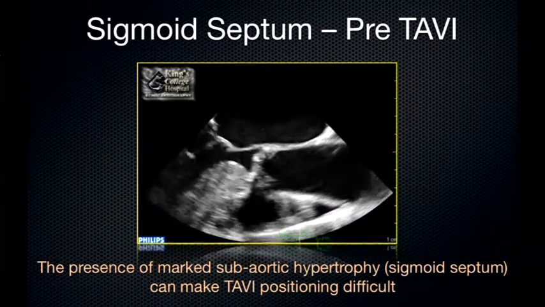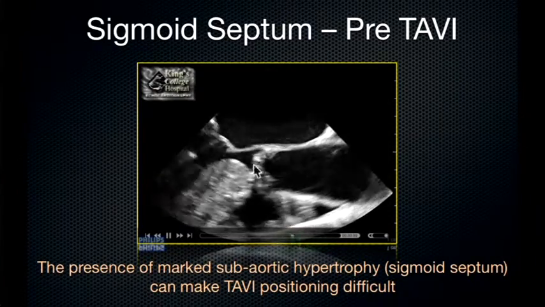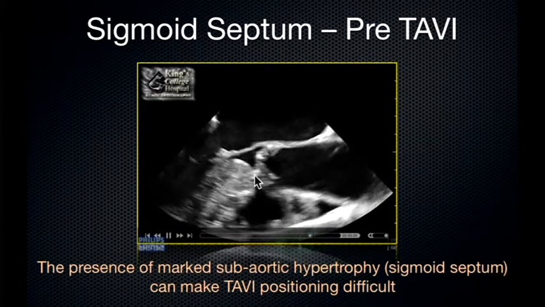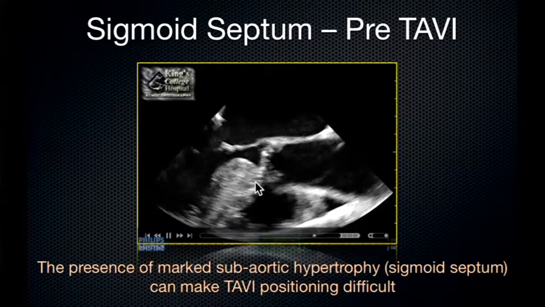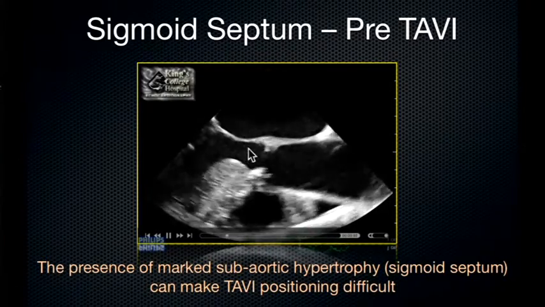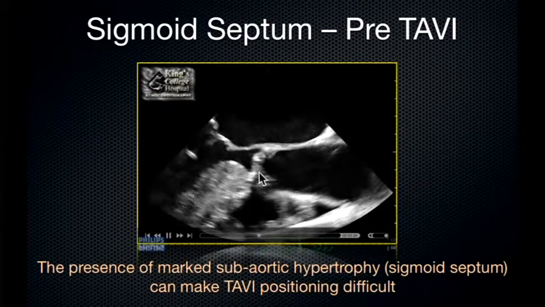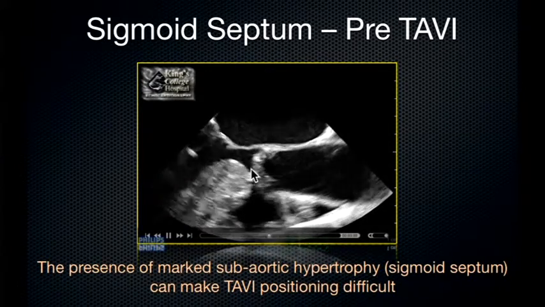Now, as I've already mentioned, the presence of marked subaortic septal hypertrophy, a sigmoid septum, can make TAVI positioning difficult. One of the things we need to think about is that we will often end up with a valve being implanted slightly higher because there isn't so much room in the LV outflow tract. You can see here that the position of the right coronary leaflet is very, very close to the septal bulge.